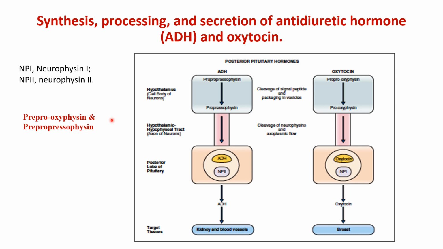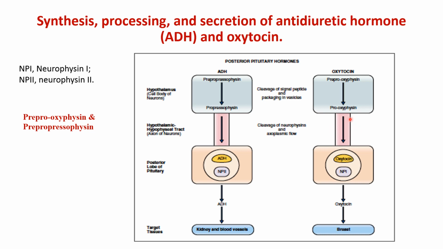Pre-prooxytocin is the precursor for oxytocin, and pre-provasopressin is the precursor for vasopressin or ADH. Once they are synthesized and bagged by the Golgi apparatus into secretory granules, they are cleaved further into smaller units, namely provasopressin and pro-oxytocin, and they travel down via the hypothalamic hypophyseal tract.